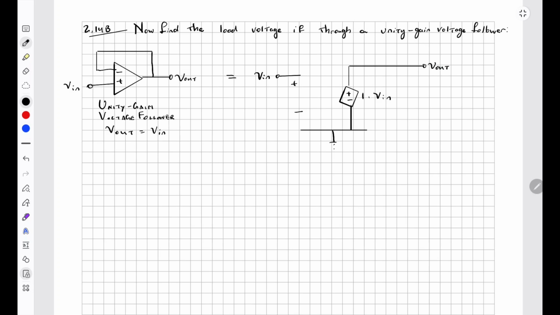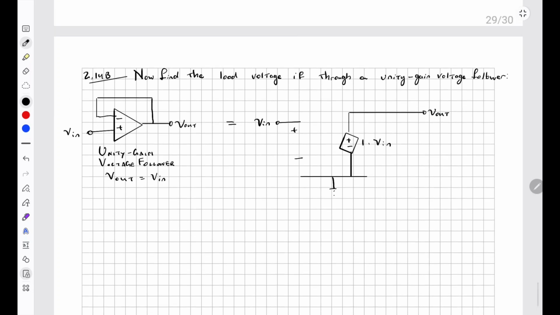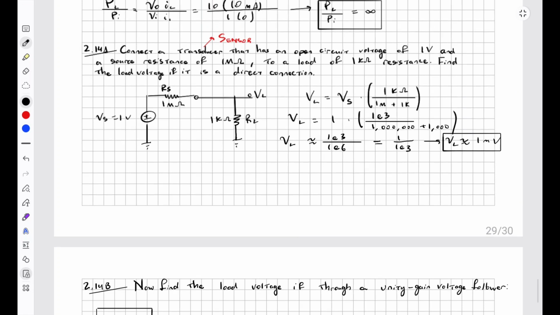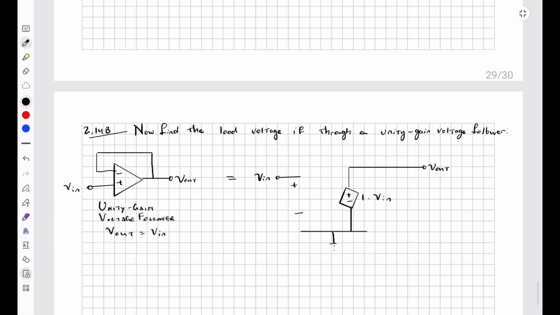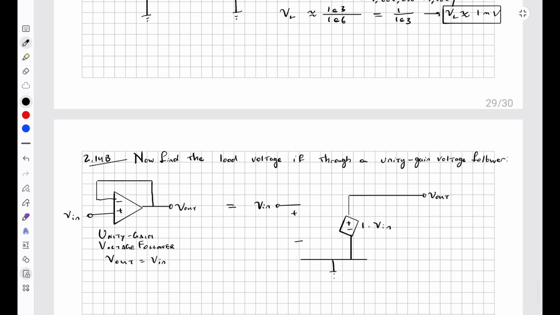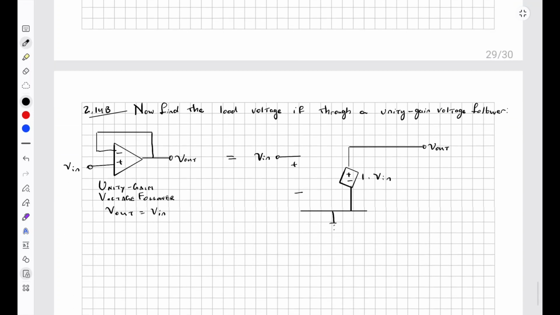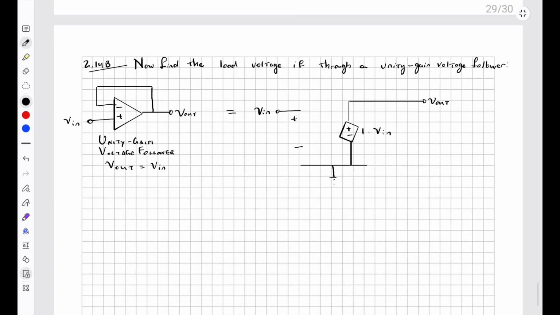Something like this. So the question is saying that now, instead of using the sensor from the previous problem, let's use this unity gain voltage follower as our new sensor, or in this case, they use the terminology transducer, which converts some kind of signal into an electrical signal. So that just means we use this as our sensor now.